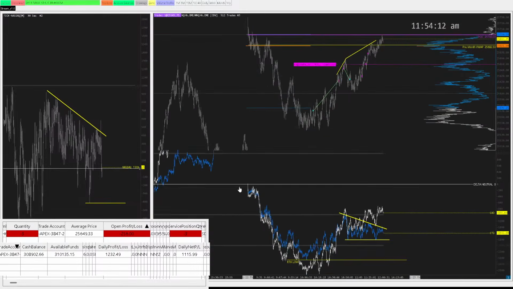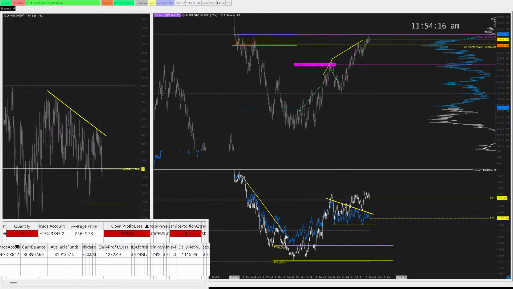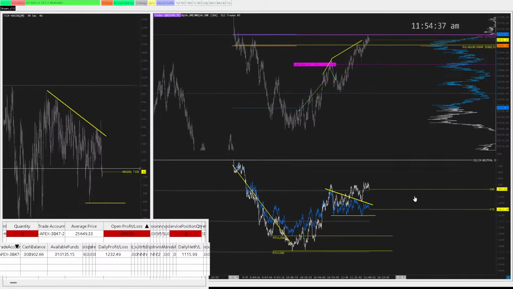We made this strong push down, right? And now on this pullback, it's kind of jumbled up. So there's a lot of crossing vectors in the order book here.